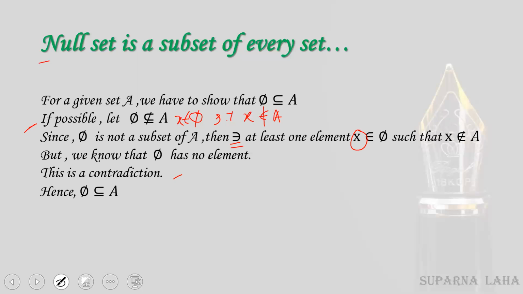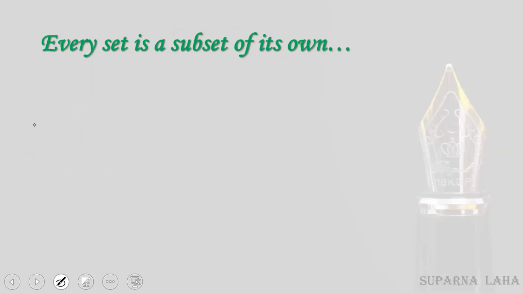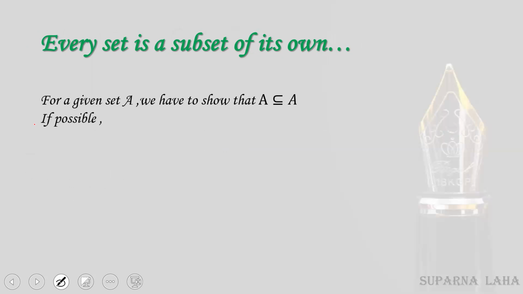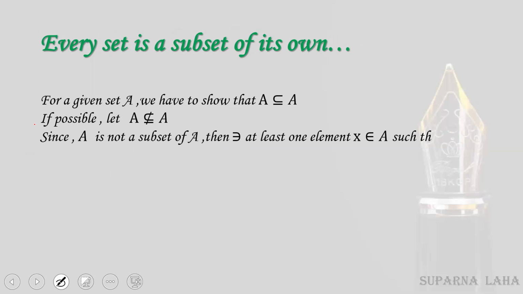So the next one: every set is a subset of itself. That means if a set A is given, then we have to show that A is a subset of A. In a similar manner, check if possible that A is not a subset of A. Then by the definition, you will find some X in A such that this X does not belong to A. But is this possible?